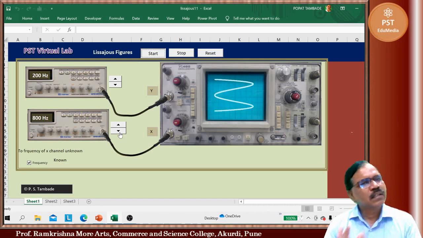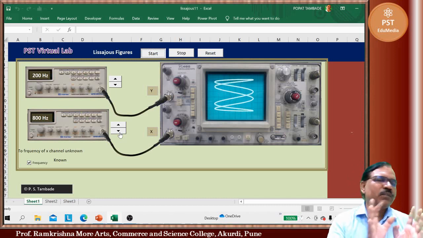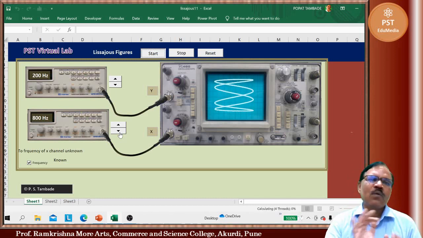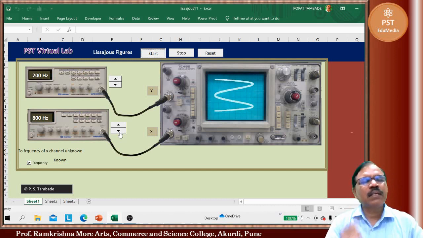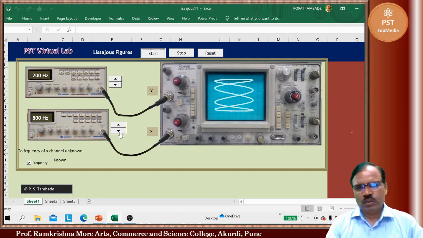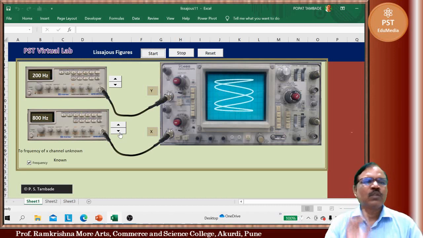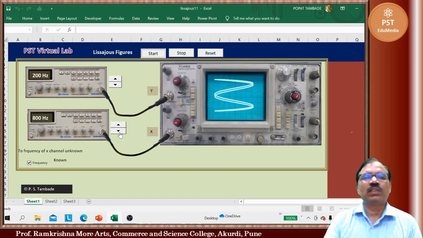But we have another source whose frequency we do not know, we only get a sine signal from it. How can we determine that frequency? So you can determine the frequency of the unknown source. We'll see that. Out of these two, we will make one source unknown.